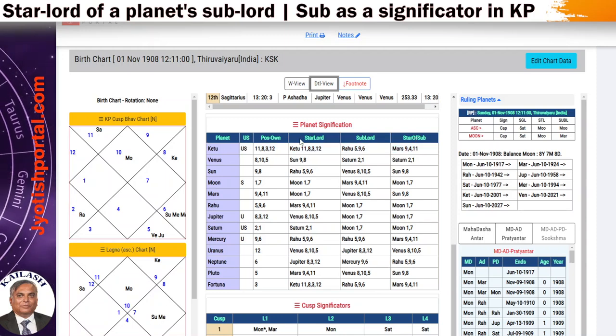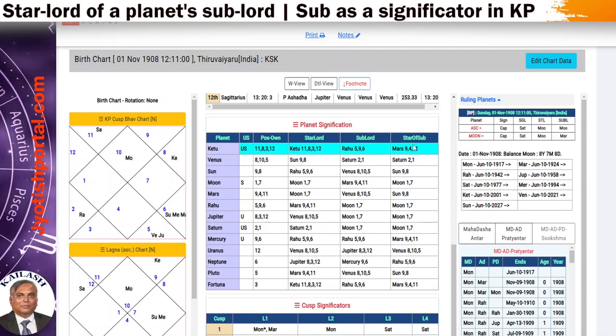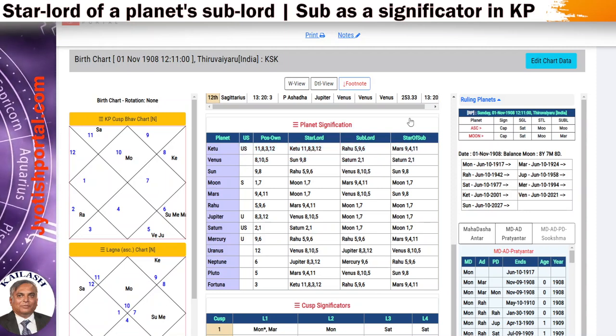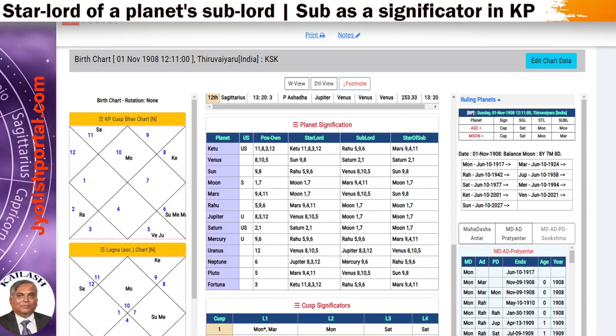So you have a planet, you have a star lord, then a sublord, and after that you have a star of sub. I am going to first explain how this last column's values are populated. It is actually very easy. So I'm going to copy this table and then explain in a very easy way.